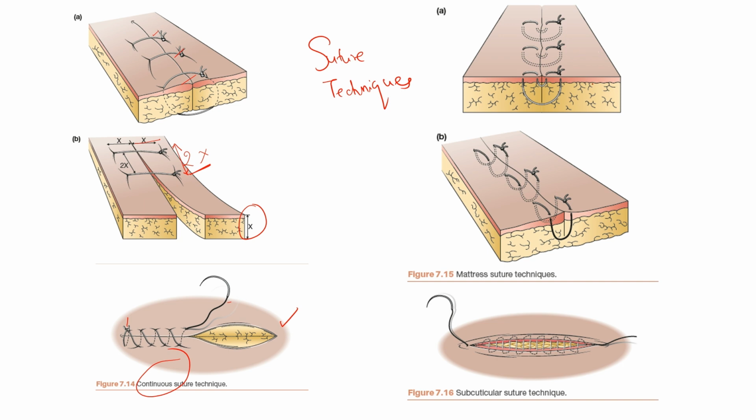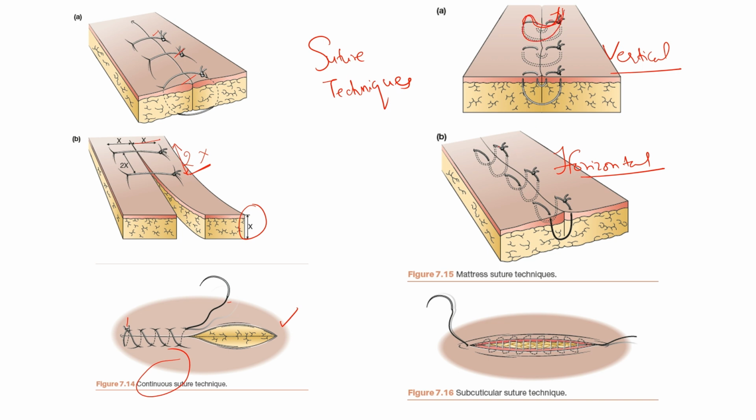Now this is your mattress suture technique, where this is your horizontal mattress, and this is your vertical mattress. In vertical mattress, if you observe carefully, initially we go from one end and come out on the opposite side, and again come back to the same side where we started. So this is your vertical mattress.